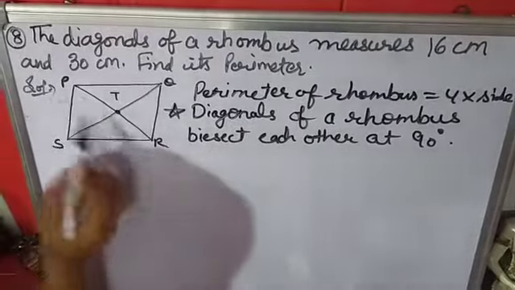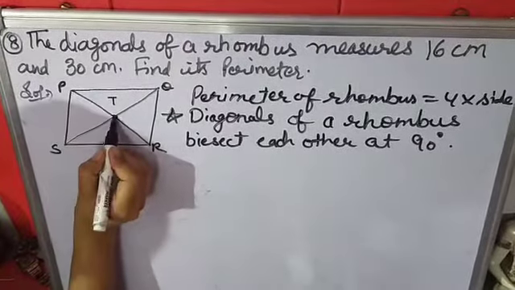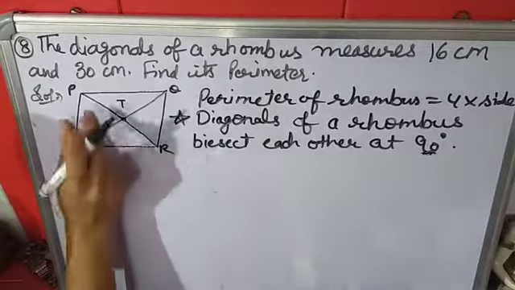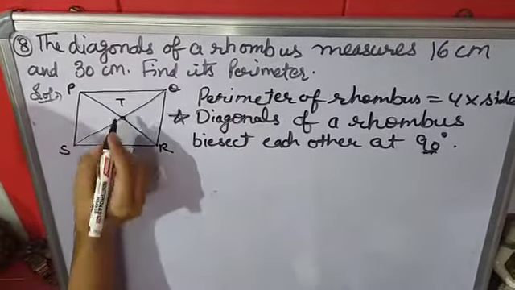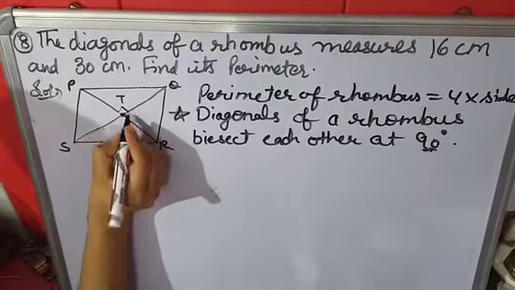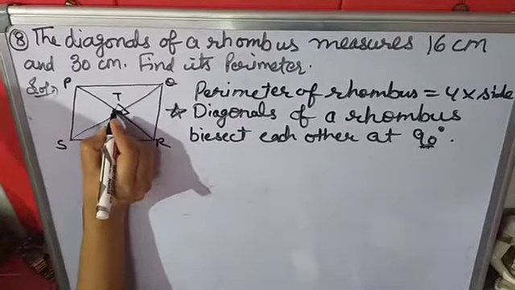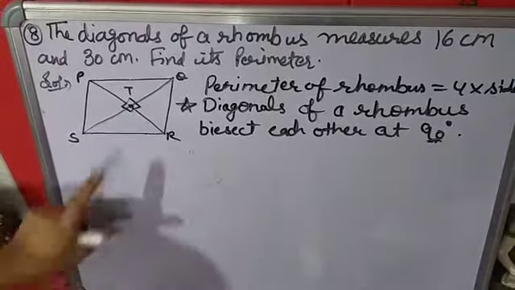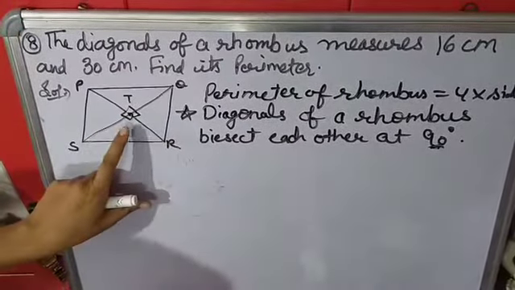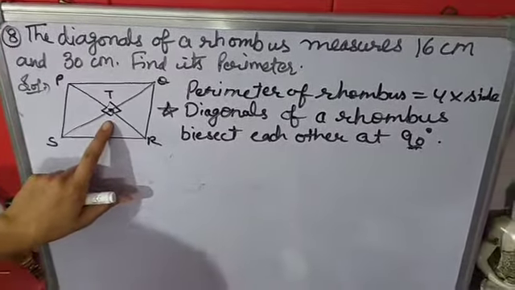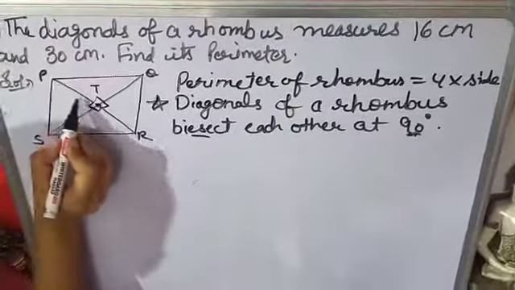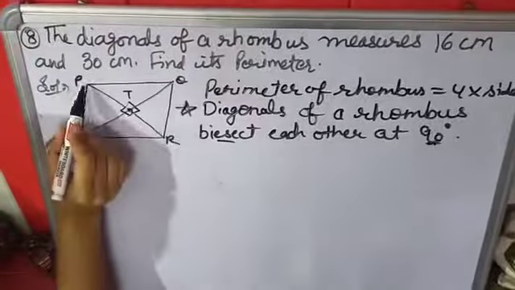It means here 4 90 degree angles will come. And what is the meaning of bisect? Bisect means they will divide in equal parts.